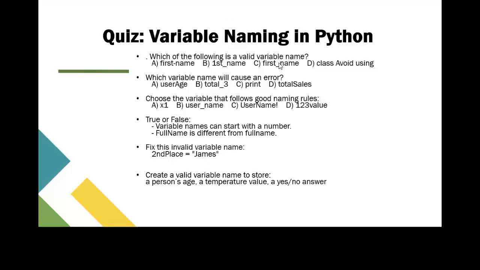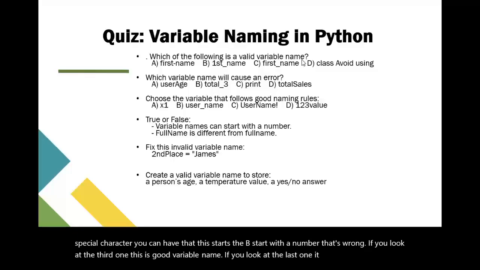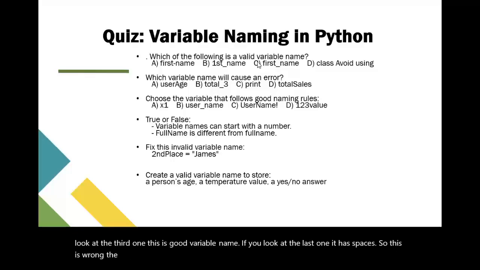Which of the following is a valid variable name? First dash name. This is wrong, it's a special character. The second starts with a number, that's wrong. The third one is a good variable name. The last one has spaces, so this is wrong. The correct answer here is C.